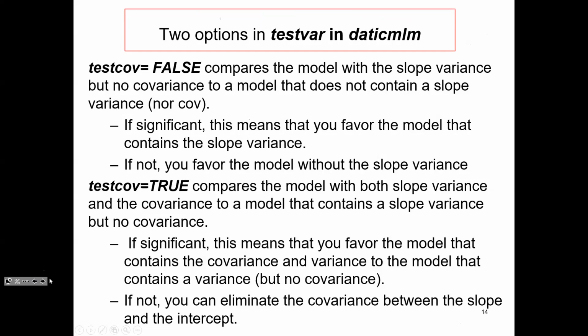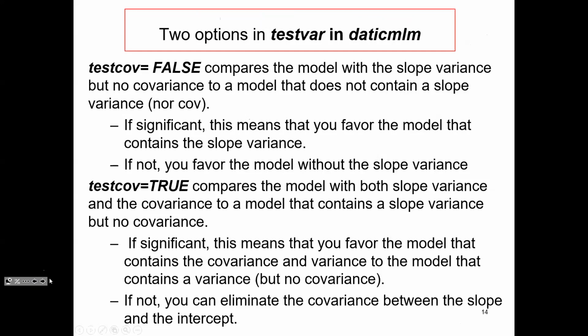Because in all of these other tests, I'm really testing a 2DF model, the slope variance and the covariance. And it could be the case that I only need the variance and I don't need the covariance. Because it's a 2DF test, when I look at it omnibus, I might not realize that.